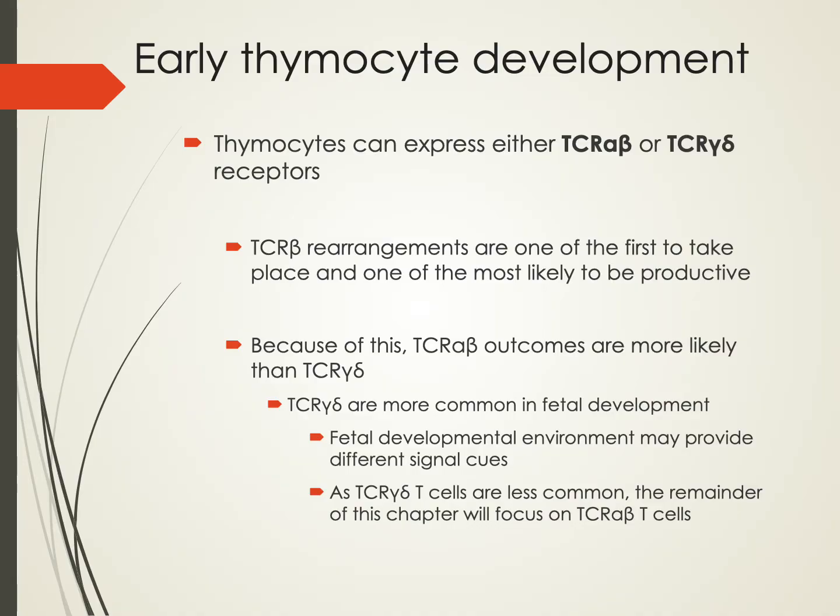And as I mentioned, if you'll remember from last unit, there are two options for the receptors. There's either alpha beta or gamma delta. Generally beta gets expressed first, so the majority of your T cells have alpha beta, but they can have gamma delta.